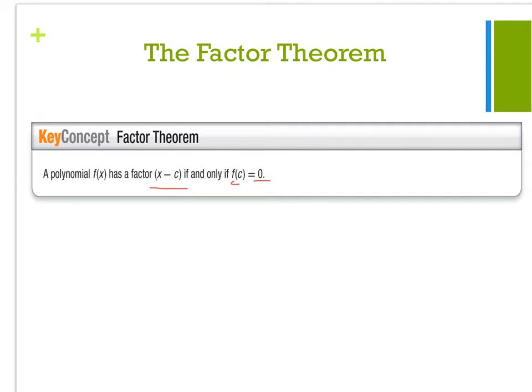So that's what the factor theorem is generally saying, is if we have a function f of x that is divided by x minus c and our remainder is 0, that indicates that f of c is equal to 0. Or, if I state it another way, we can say that x minus c is a factor of this polynomial function f of x if and only if, when we divide the function by c, we get 0 as our remainder.